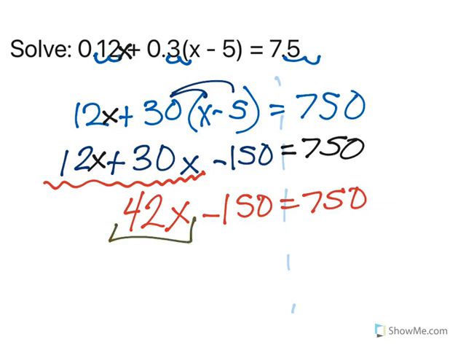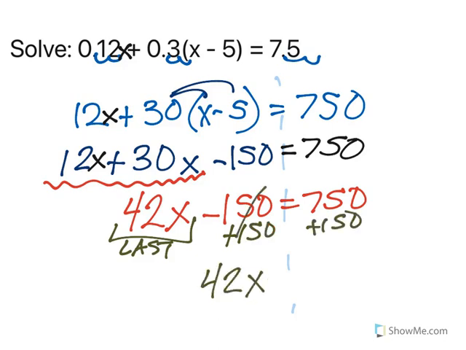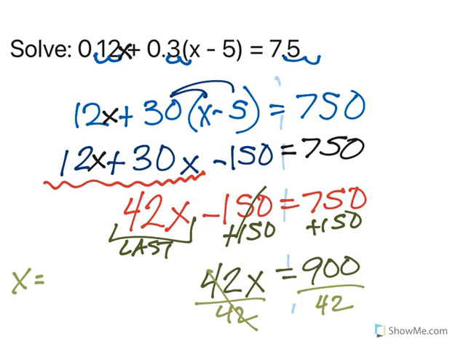This is the last thing I want to play with. I'm going to add 150 to both sides. So 42x equals 900. Then I'm going to divide both sides by 42. You're probably thinking, well, 900 and 42, what goes into both of those? You can see a few different things, but I see pretty clearly that they're both divisible by 3.